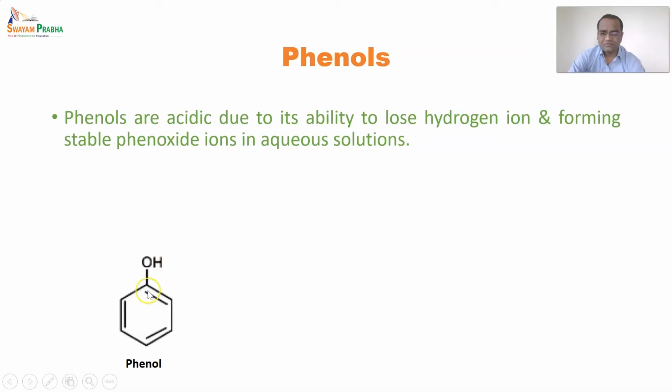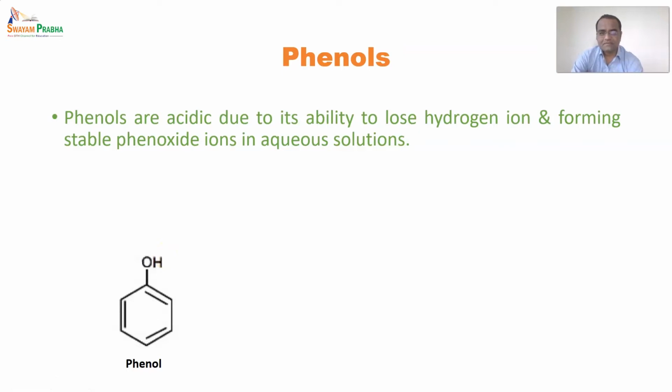This is the structure of phenol. A benzene ring has been substituted by an OH, removing one hydrogen from a carbon. And it is acidic as per the Bronsted-Lowry theory. There are three theories which define acids.